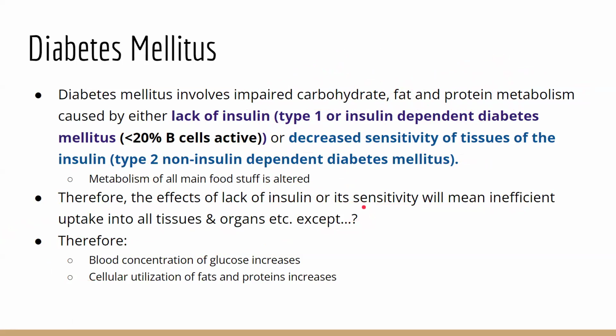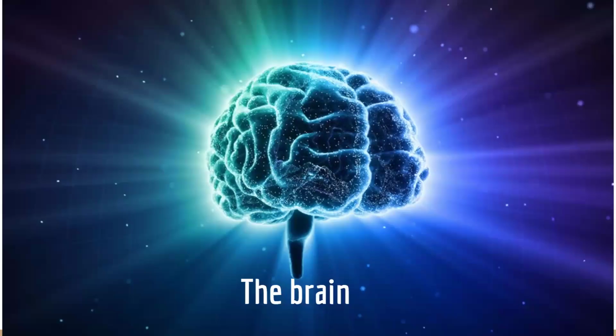Except, so let's say you have a problem with insulin. It should not normally affect your entire body, but it doesn't affect something. What is it? Something that is not dependent on insulin. I will give 5 seconds. But if you said brain, then you're absolutely correct.